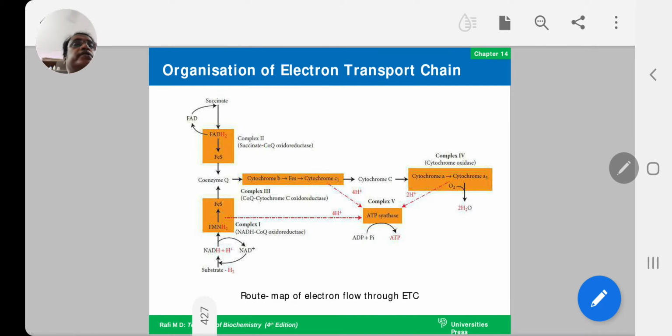Now, organization of electron transport chain.